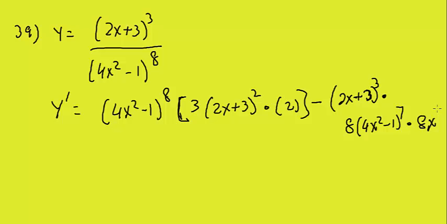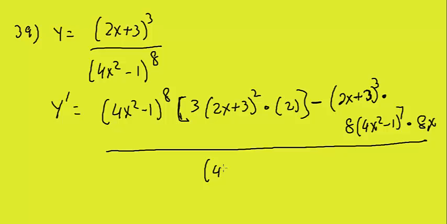And then all of that is going to be over, I got to square the denominator, so 4x squared minus 1 to the 16th.